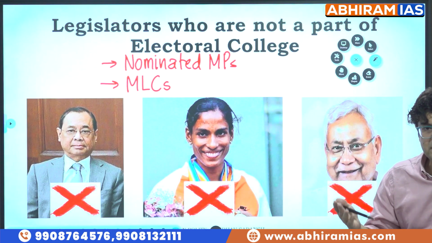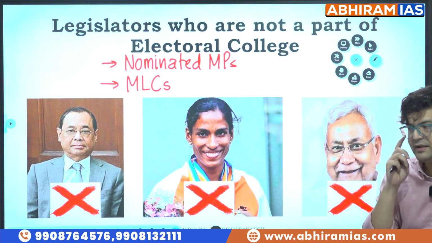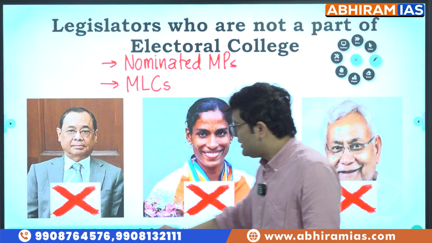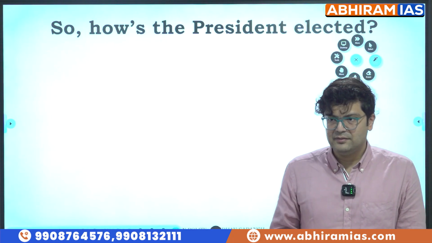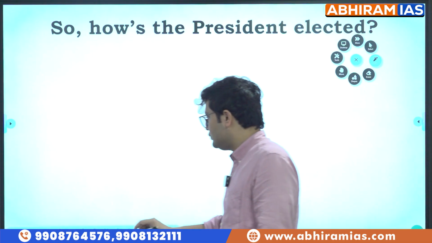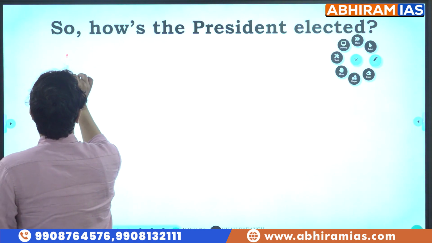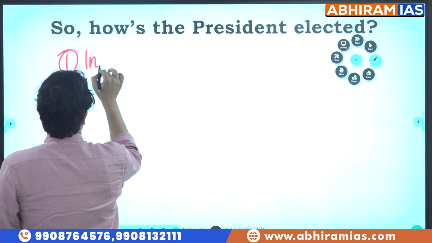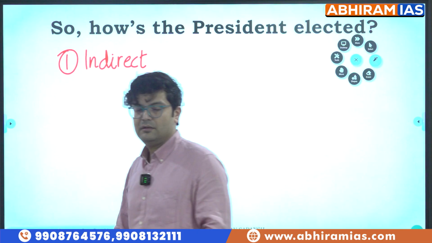Now we have decided upon the people who can vote and who cannot vote. But now comes the real catch: the real concern is how the election is held. Let's write some important aspects here. Number 1, the election is indirect. Why indirect?